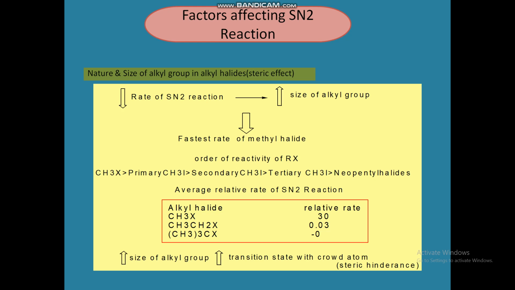So the order of reactivity of alkyl halides in SN2 reaction is methyl CH3X, primary alkyl halide, then secondary alkyl halide, then tertiary. First is methyl iodide, after that primary, secondary, tertiary, and neopentyl halides. So this is the order of reactivity from the fastest rate.